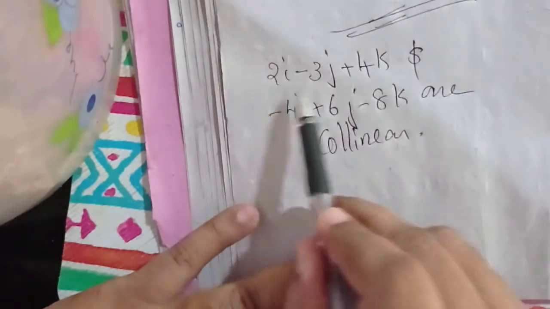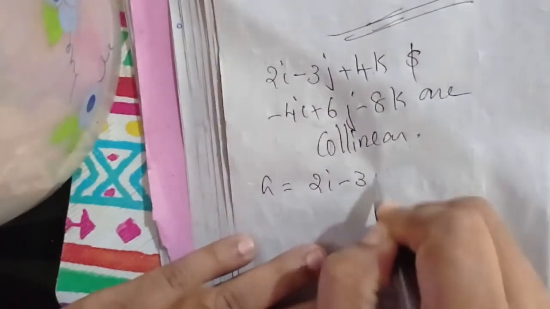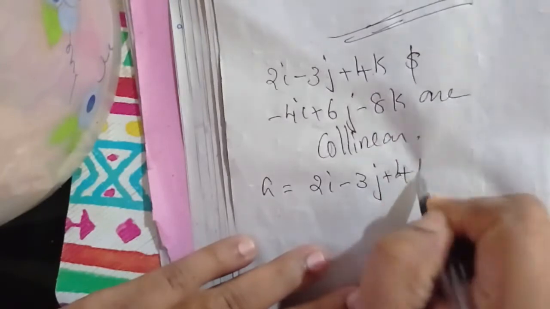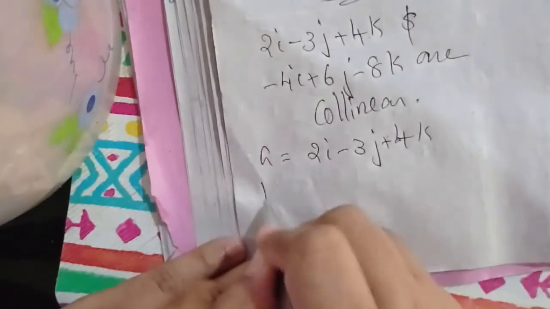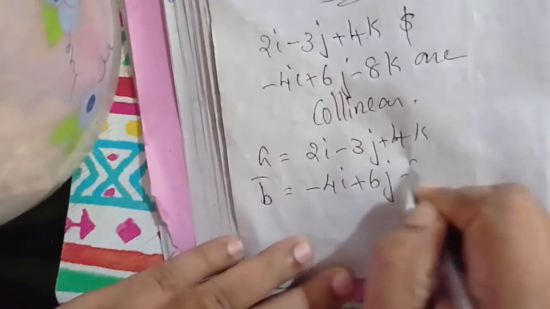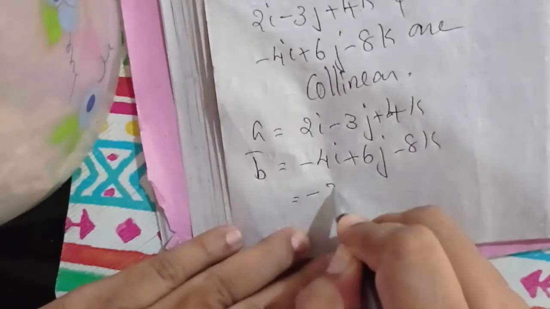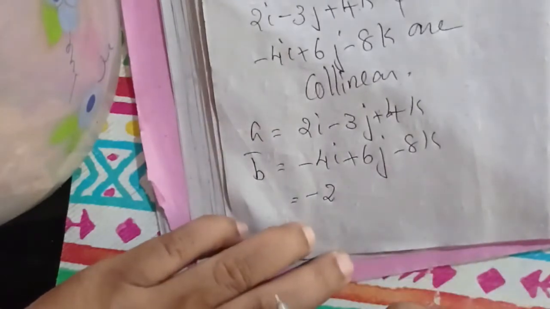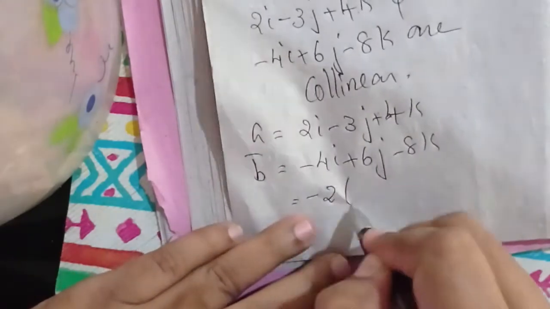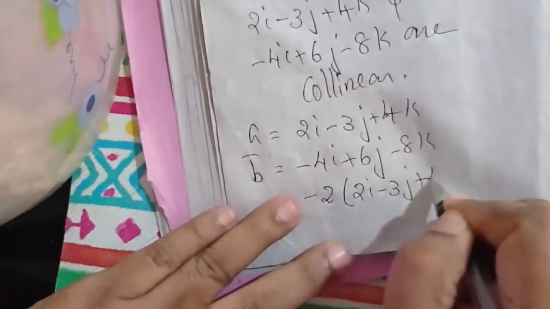Look at the first vector. A is equal to 2i minus 3j plus 4k. Agree? Then B is minus 4i plus 6j minus 8k. From the second vector, you can take minus 2 outside, isn't it? When you take minus 2 outside, 2i minus 3j plus 4k.